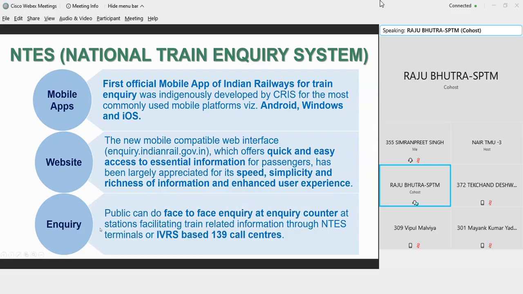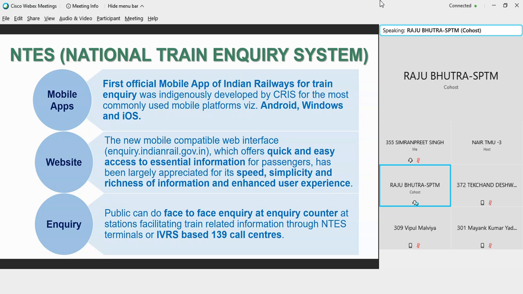Inquiry. Public can do face-to-face inquiry at inquiry counter at stations, facilitating train-related information through NTS terminal or IVRS-based 139 call centers. So face-to-face inquiry can be done for those who are not very computer literate.